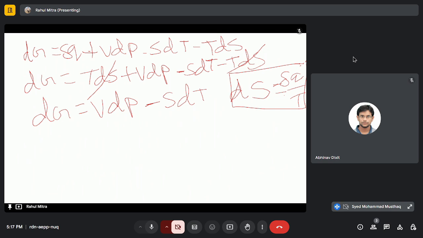So this is our final equation for any system.